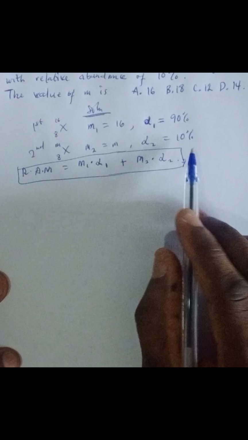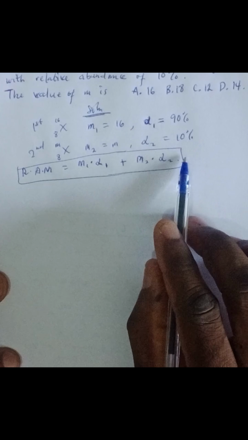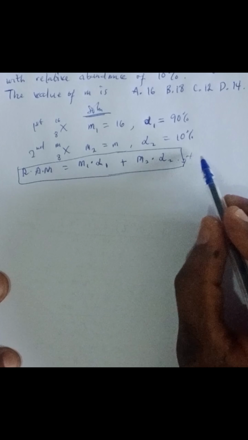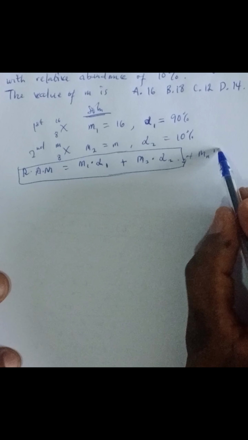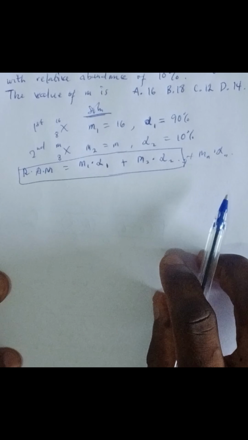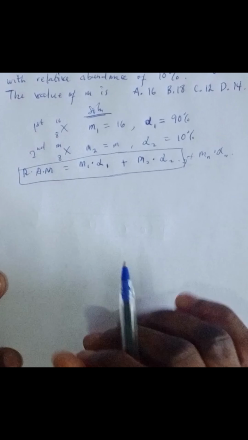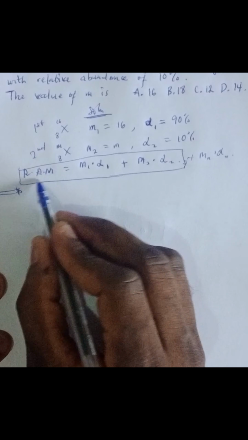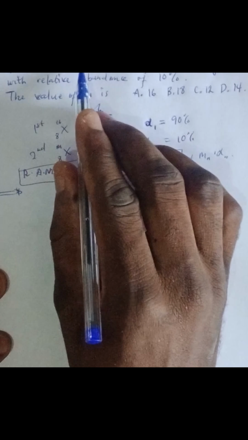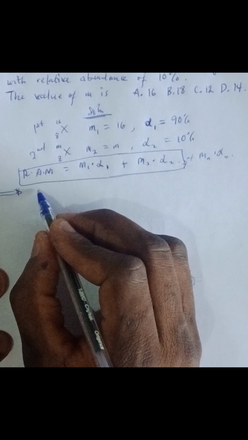If we have more than two isotopes, we can continue by adding up this formula up to Mn times alpha n. But here we have just two isotopes.